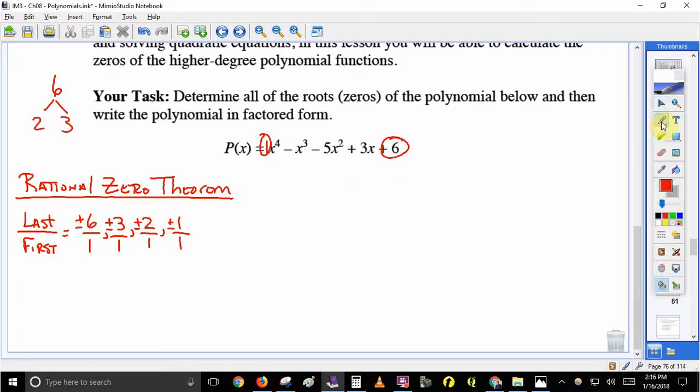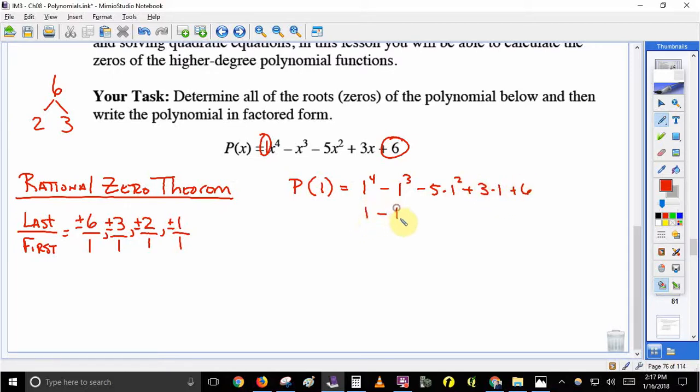Alright, so now we just want to start testing them. I'm going to start with 1 first because that's going to be your easy one. Remember, we're going to plug in different x values and see what our remainder would be if we divided by that. So when I plug in 1, that's 1 to the 4th minus 1 cubed minus 5 times 1 squared plus 3 times 1 plus 6.